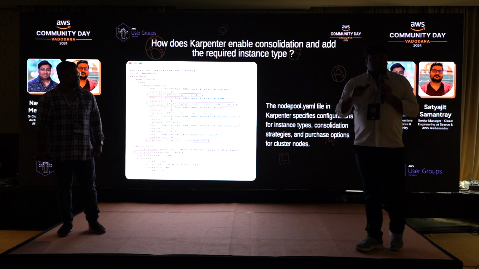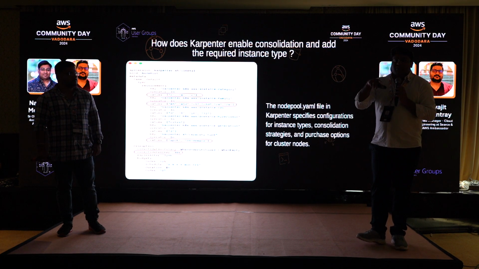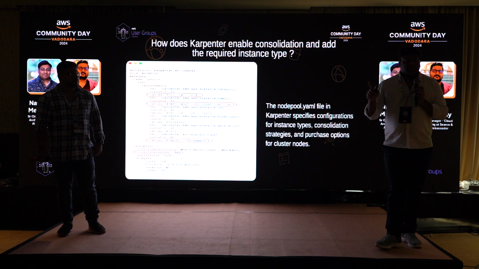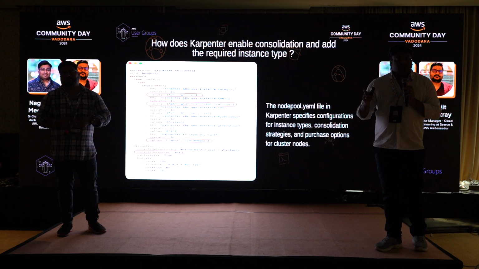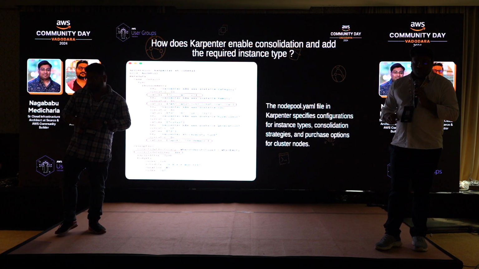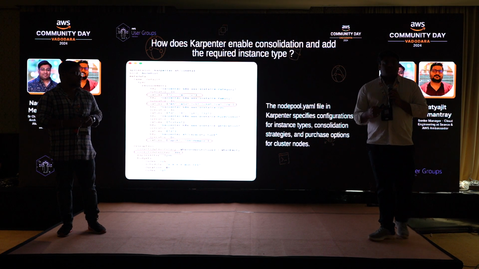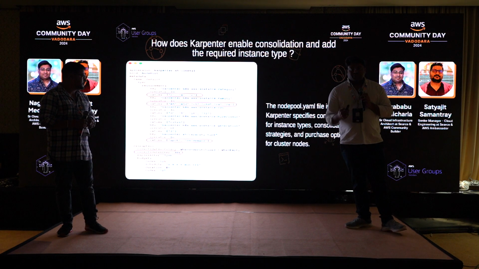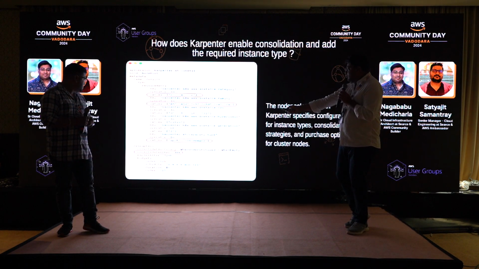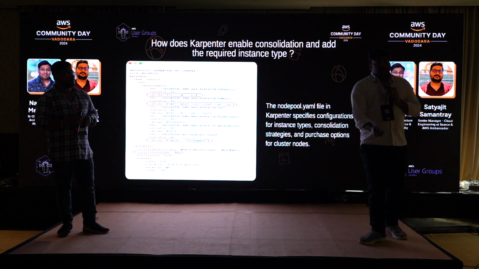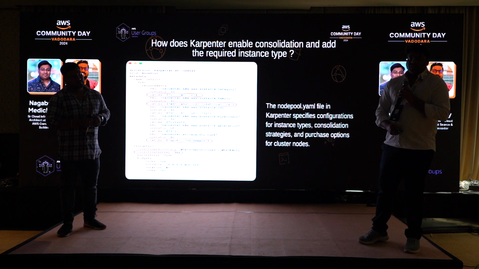Usually we can also bring in Graviton. Graviton instances are about 40% cheaper when compared to the normal instances, either Intel or AMD. So you can bring in Karpenter and use it here. As for where consolidation should happen and after how much time, if you see at the bottom, you have the field called consolidation after.